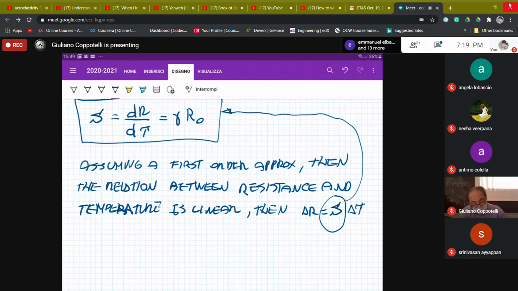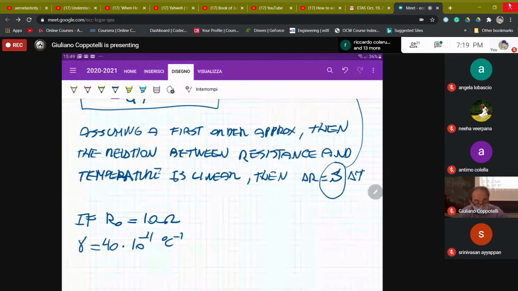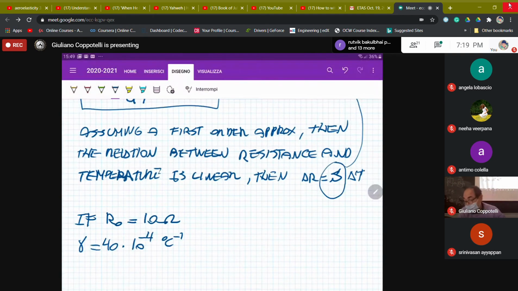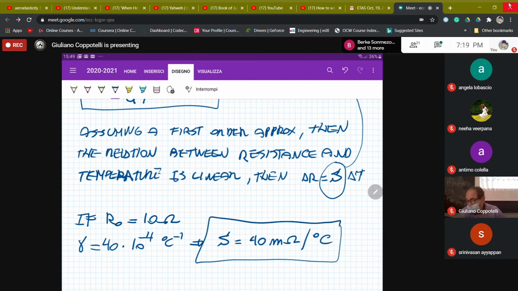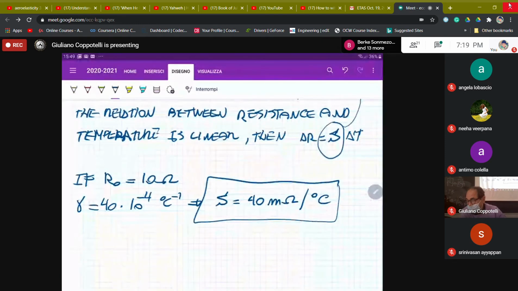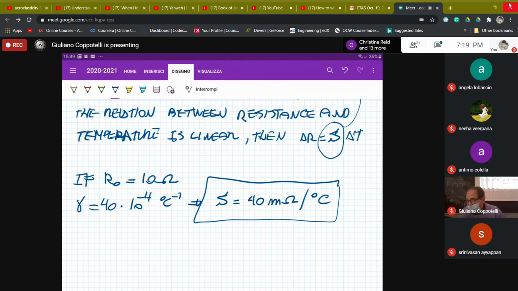What is the sensitivity? For example, if the base resistance R0 is 10 ohms and the gamma coefficient is 40 times 10 to the negative 4 degrees Celsius to the negative 1, the platinum, if you remember, then the sensitivity is 40 milliohm per degree Celsius. That is not that large a value, but however, it is a good one.